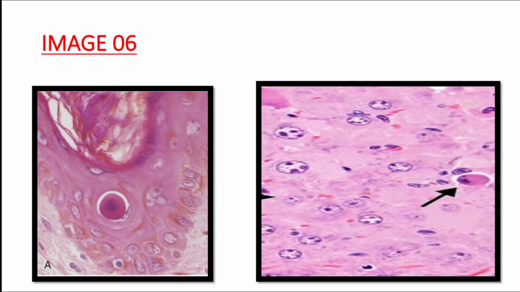Now sixth image. Here you can see two abnormal structures. You have to identify these two structures. So guys, in these two cells, you can see that the cytoplasm is deeply eosinophilic, and you have a darkly stained nucleus.